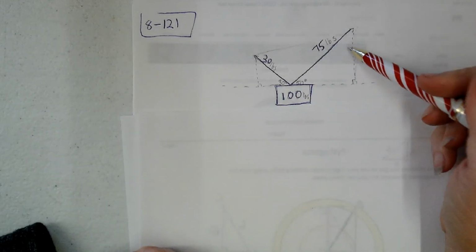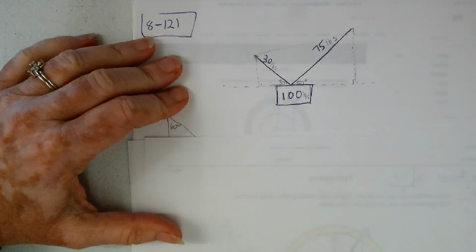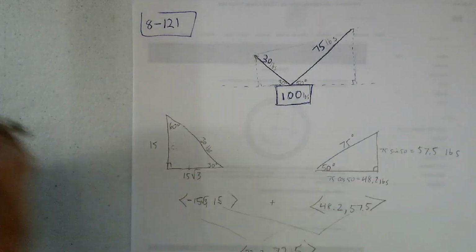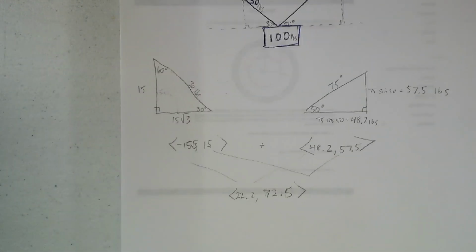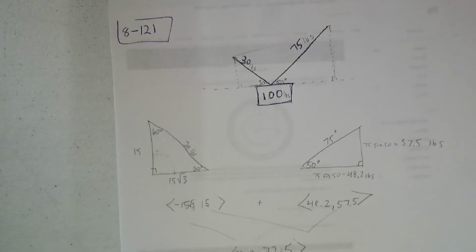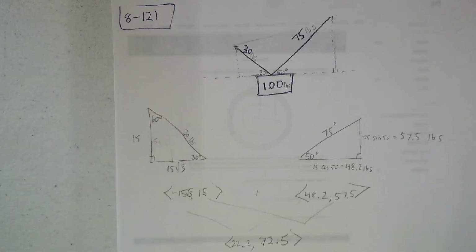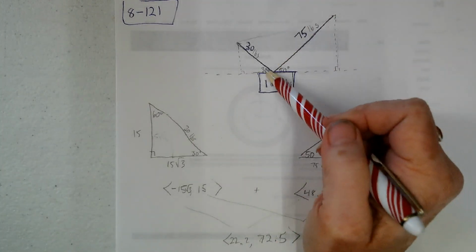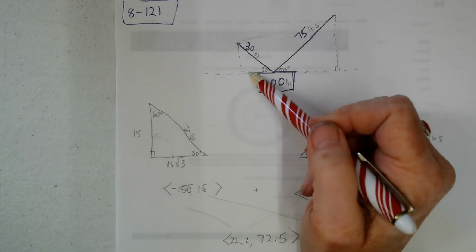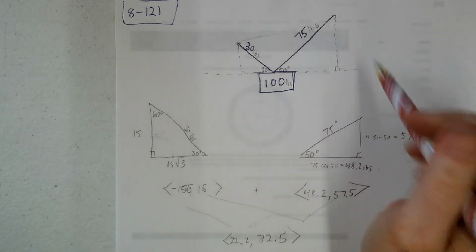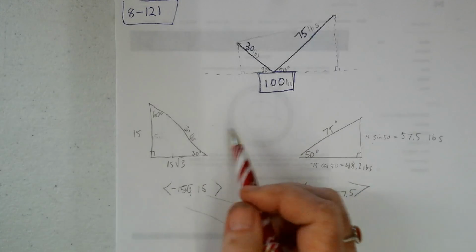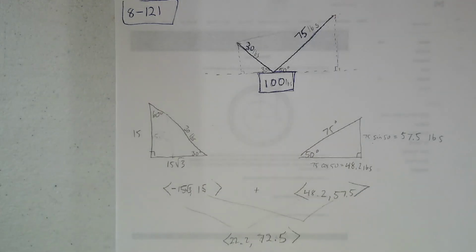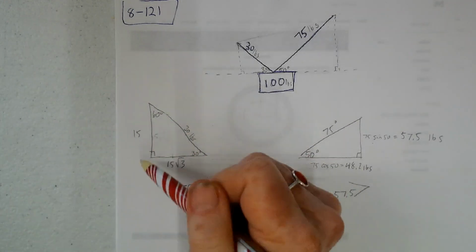We can get the component form of these. Hopefully we know how to get the vertical and horizontal components. Basically, this is a hypotenuse, so I drew them into two right triangles, and to get them into component form, I just want to find the side lengths.